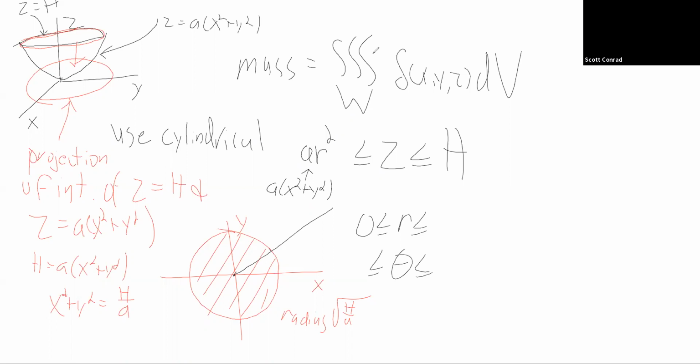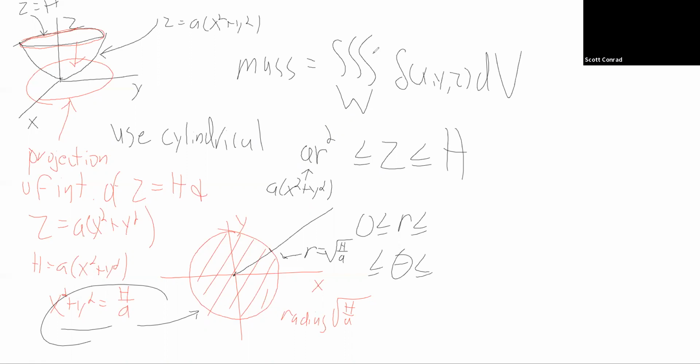And the furthest away we get is this outer curve, which in polar coordinates is r squared equal to h over a, so r is equal to square root h over a.